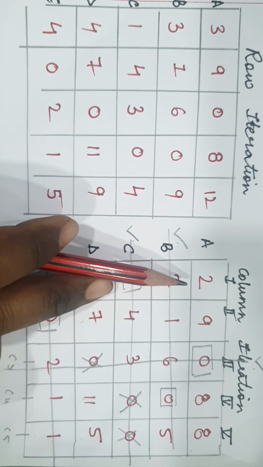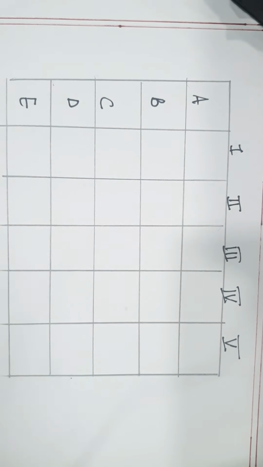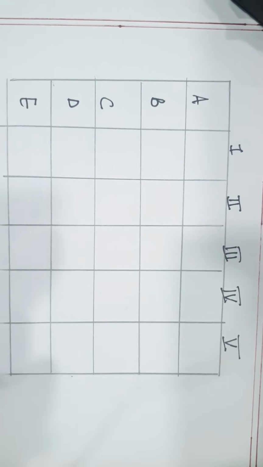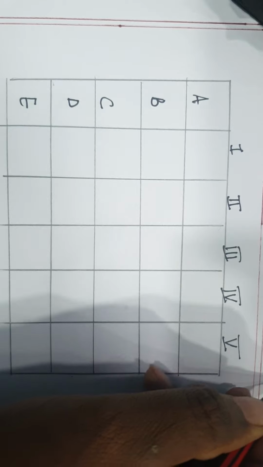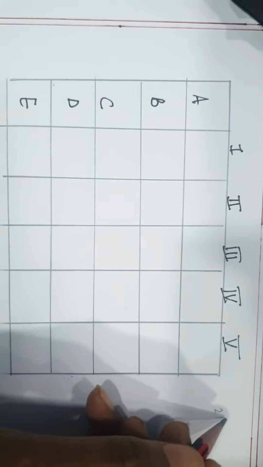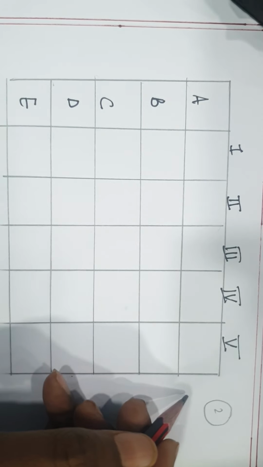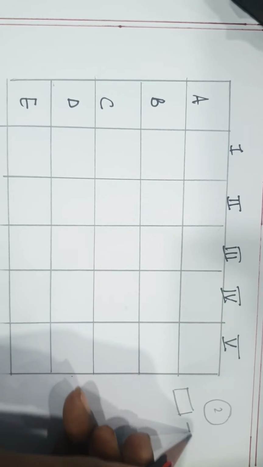After selecting that 2, what number did you select? You selected the number 2. So wherever you are getting a box, you have to subtract 2.